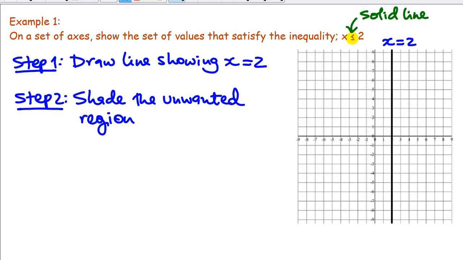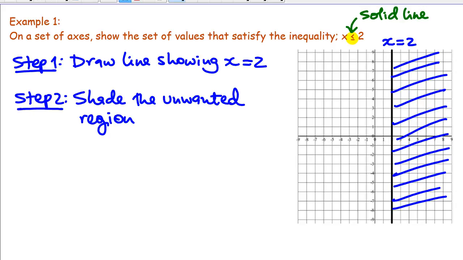So the part on the left is what we want, where x is less than or equal to 2. And the part that's unwanted is the part that's on the right.